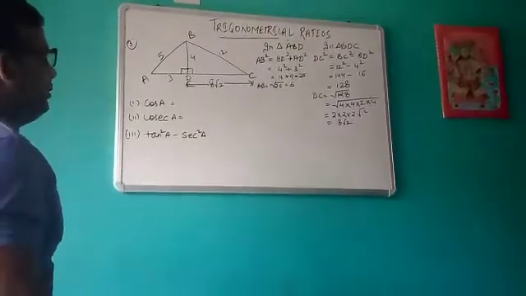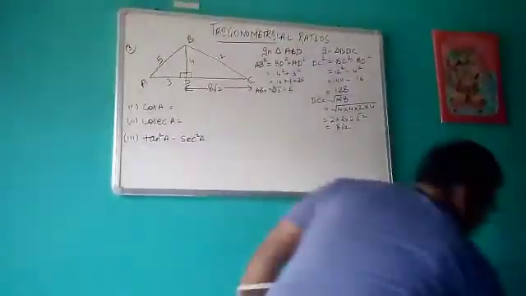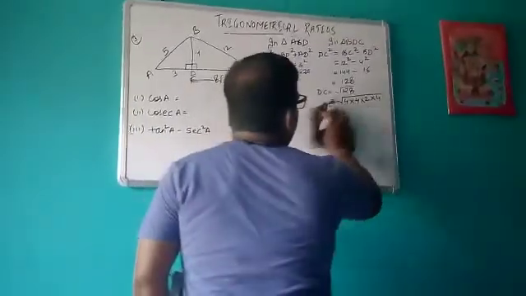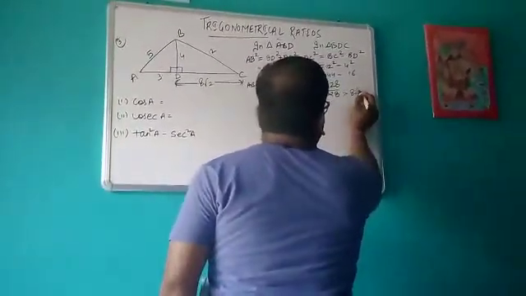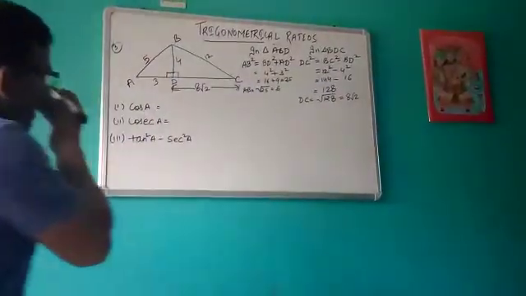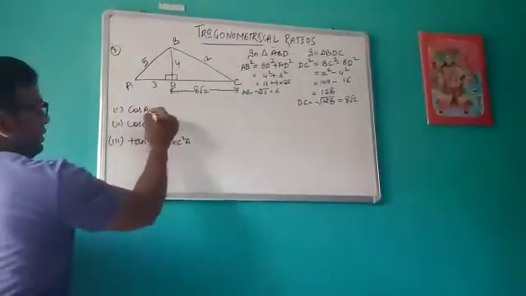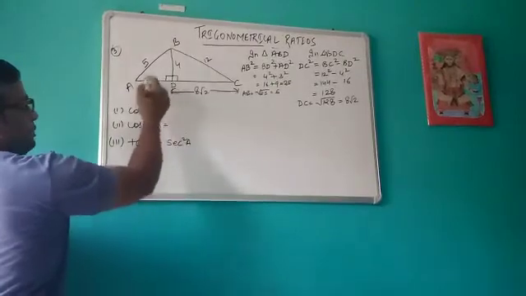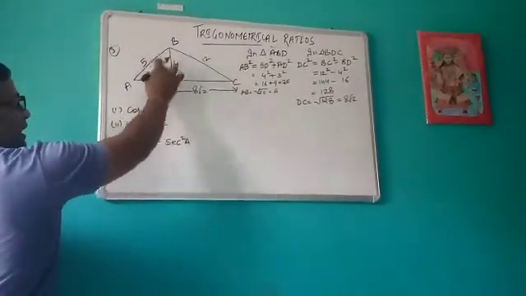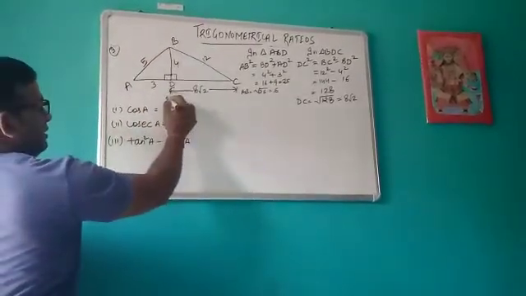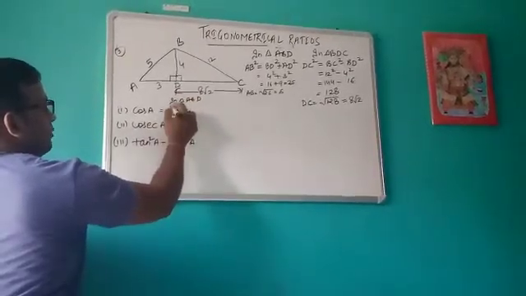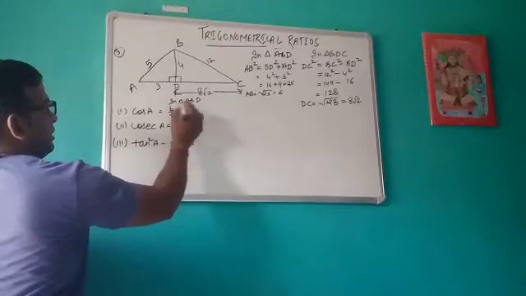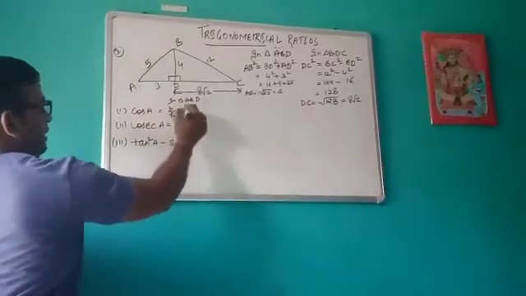Now all the sides we have found. Now what will we do? We will find the values of the trigonometric ratios. The first ratio is cos of A. Cos A lies in triangle ABD. What is the formula of cos? B upon H. For this A, what is B?